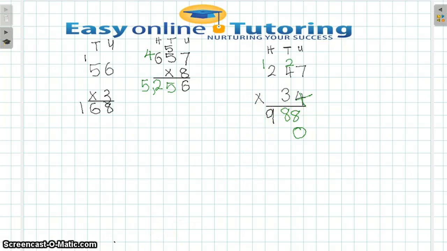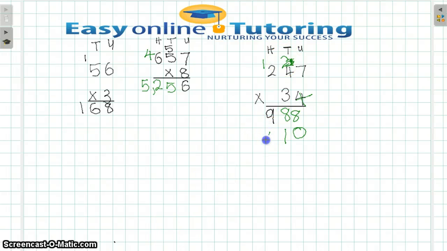So we say 3 times 7, which is 21, so we put a 1 down, and we carry a 2 in the tens column there. Remember that 2. And then we do 3 times 4, which is 12, plus 2, which is 14.